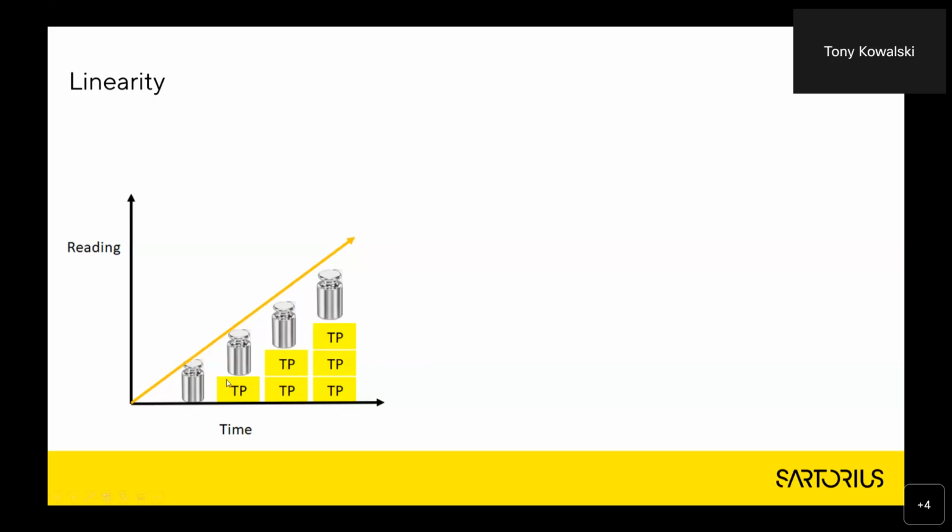We tare off the first weight, so we actually have 0 on the display, but then we place this weight back on again and record the value, and again it should be within specification, but we're actually testing at this part of the weighing range.